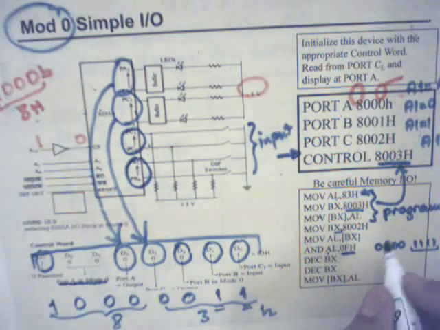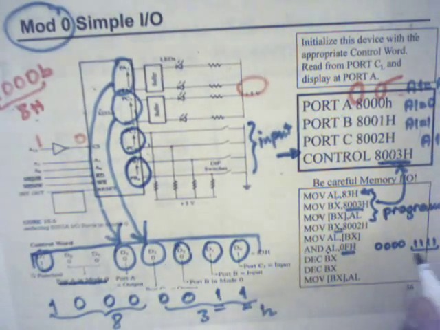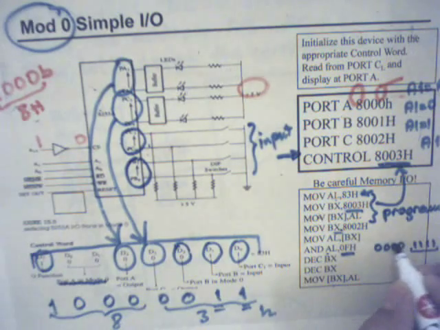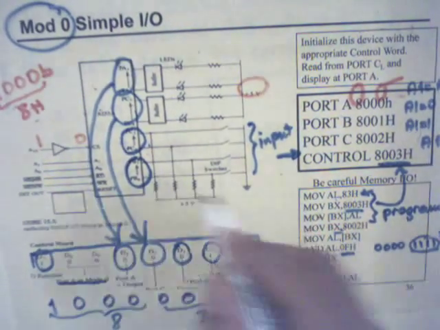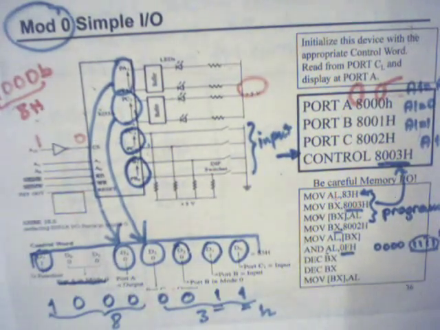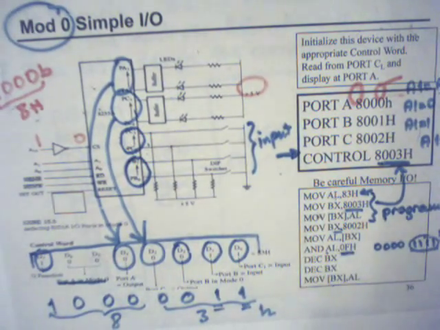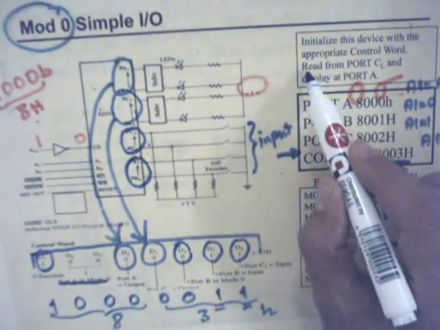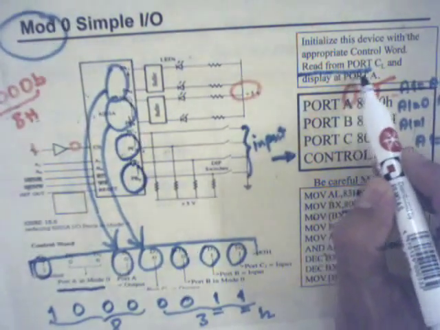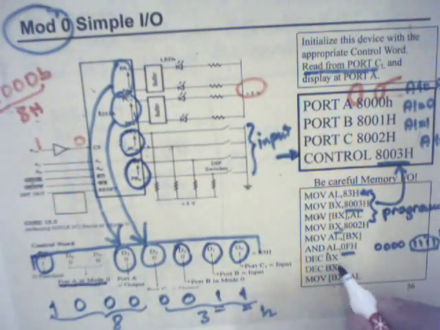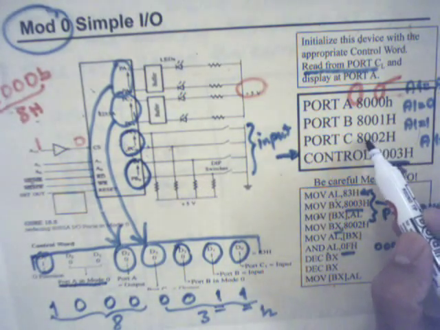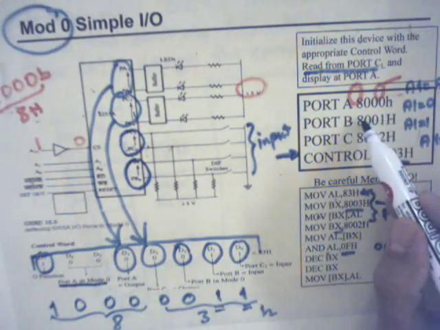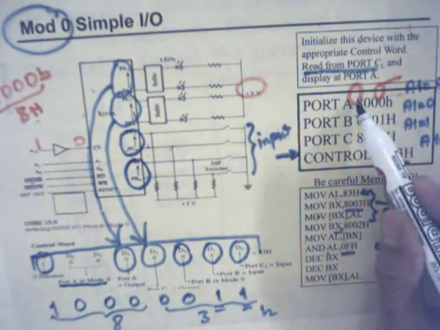So in AL, definitely we have 4 zeros at the most significant nibble, and whatever the information at port C lower. Then from port C lower, we read from port C. Then we decrement BX twice. Decrementing means BX goes from 8002 to 8001, then 8001 to 8000. Port A is selected.